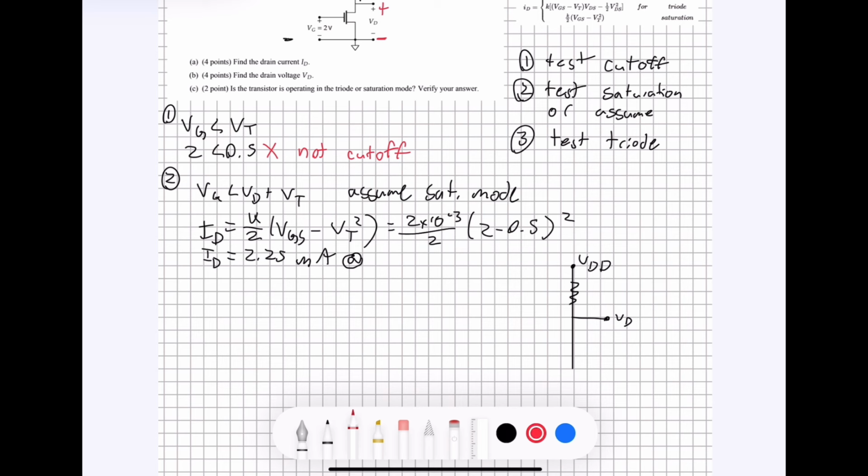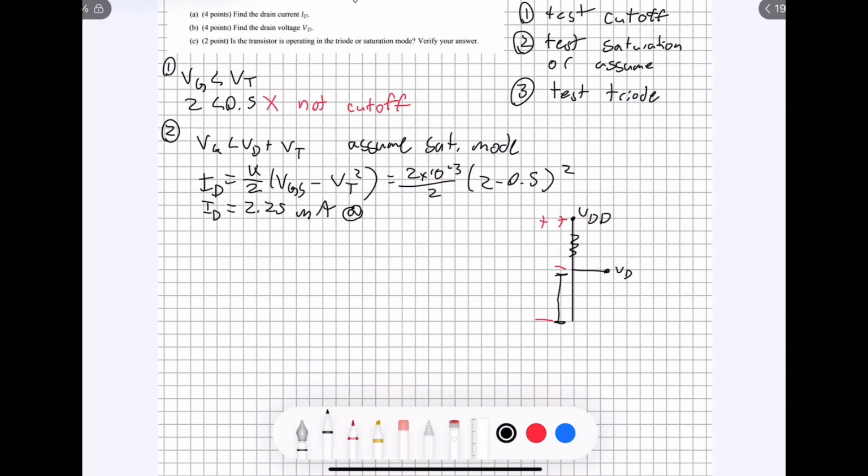If we know the voltage drop across here, voltage drop across here, if we subtract those two values from each other, we're just going to know the voltage drop across this region right here. So putting that into equation form, we're going to have VD is equal to VDD, which is the value of the voltage up here, minus, by Ohm's law, RD times ID, which is going to be the voltage drop across this right here, because we know both the resistance of that resistor and the current going through it because we solved it in the previous step right here.